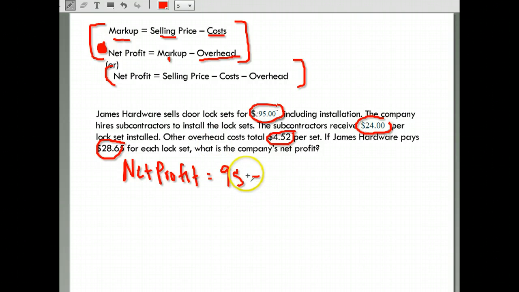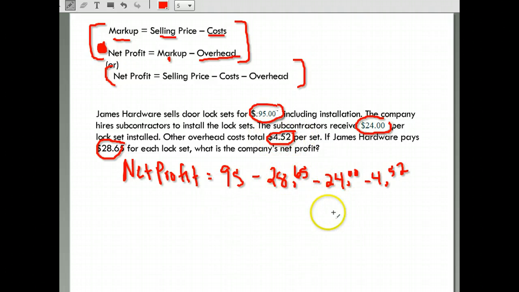And then we have to subtract any cost. The cost to them was $28.65. We also have to subtract any overhead. So the $24 that they pay to the subcontractor and the $4.52, which they didn't tell us what that was for. It's just other overhead costs.